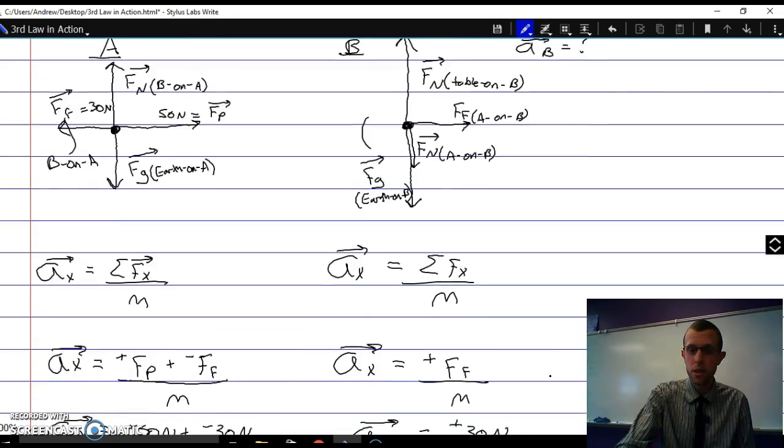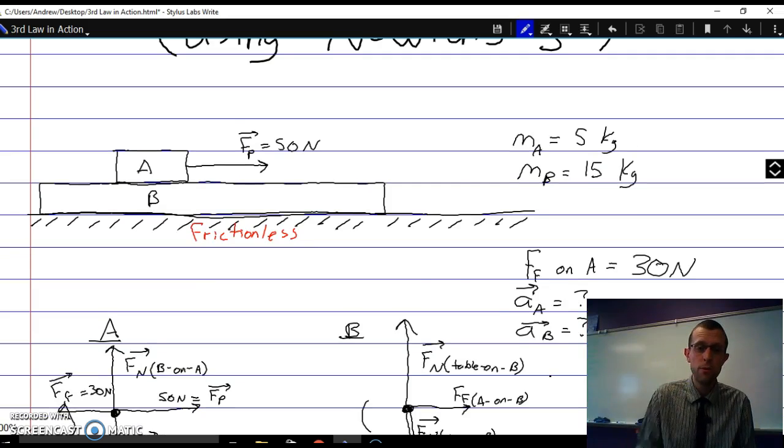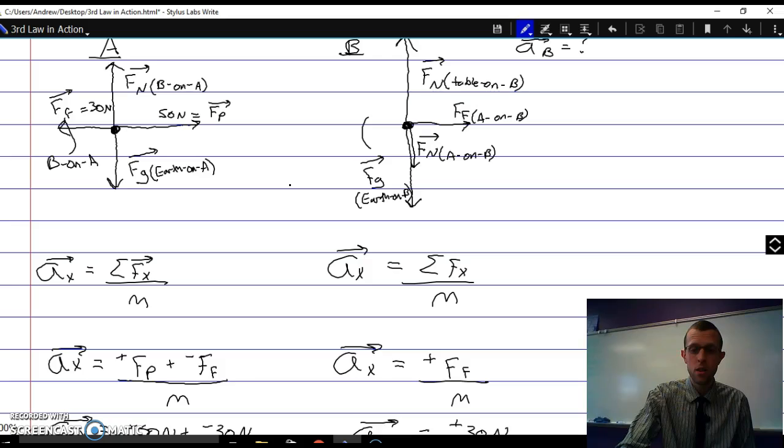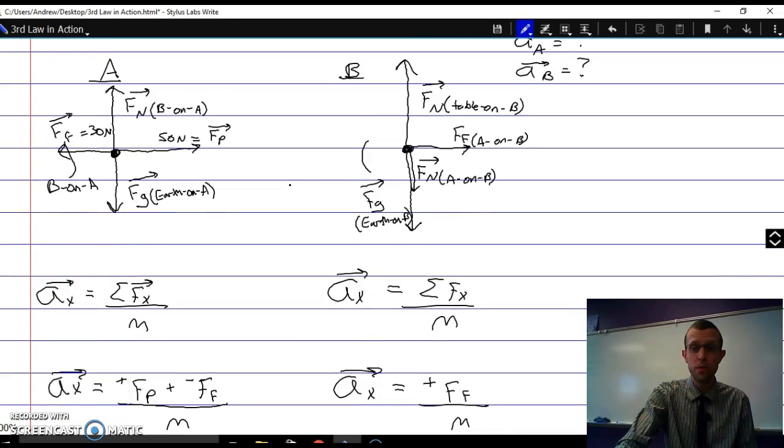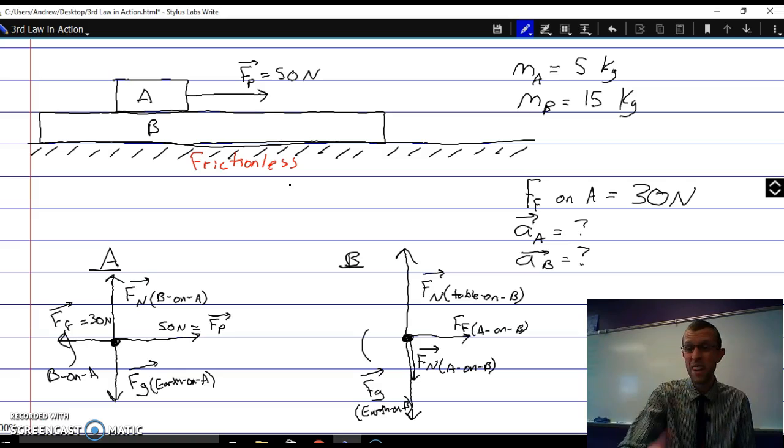So as a result of this one force, this 50 Newton force, we actually get both blocks A and B accelerating to the right, but as we see in our calculations, block A is going to accelerate more rapidly than block B does. So block A will actually slide over the surface of block B, and will always be traveling faster than block B is.